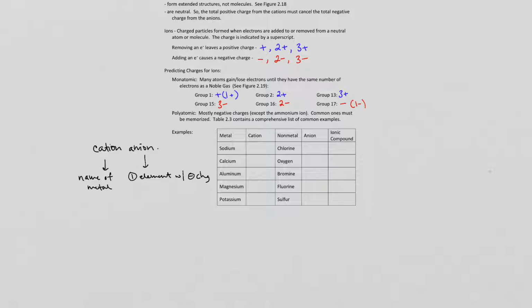Chop off the ending and add IDE. Example: chlorine, chop off that INE, and that goes to chloride.